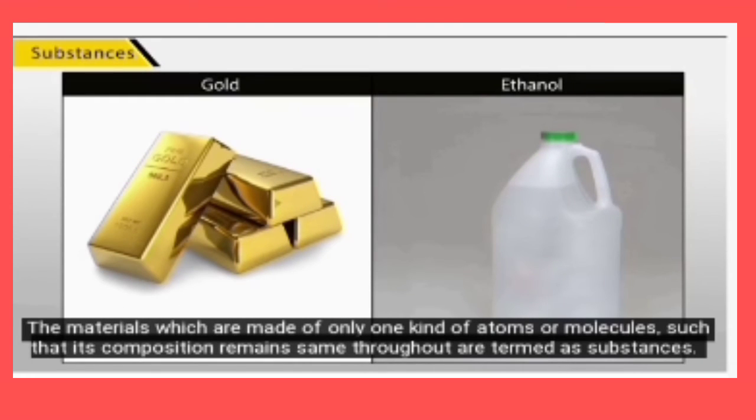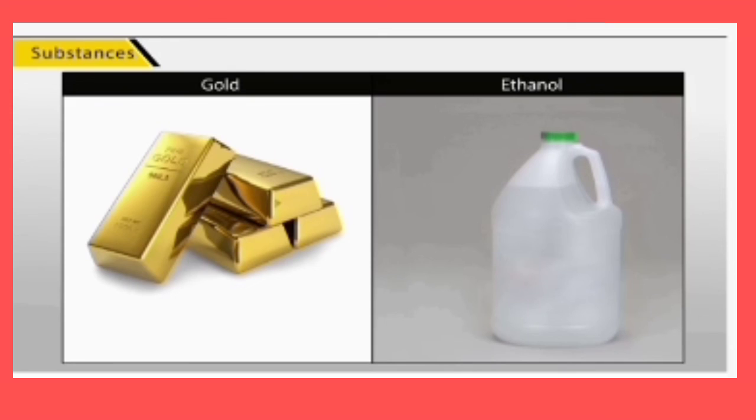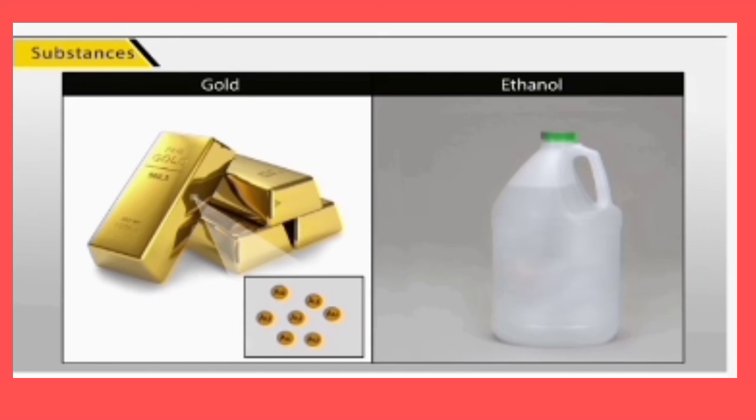The materials which are made of only one kind of atoms or molecules, such that its composition remains same throughout, are termed as substances. For example, pure gold contains only gold atoms, whereas pure ethanol contains only ethanol molecules.